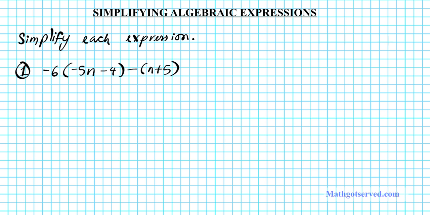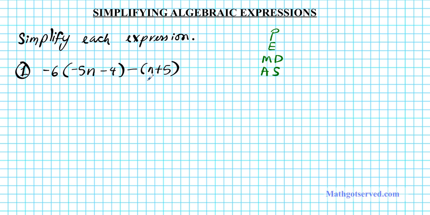Okay? So remember the acronym, please excuse my dear Aunt Sally. Okay, so parenthesis comes first, and then exponent, multiply, divide have the same hierarchy, but you go from left to right. The same with addition and subtraction.